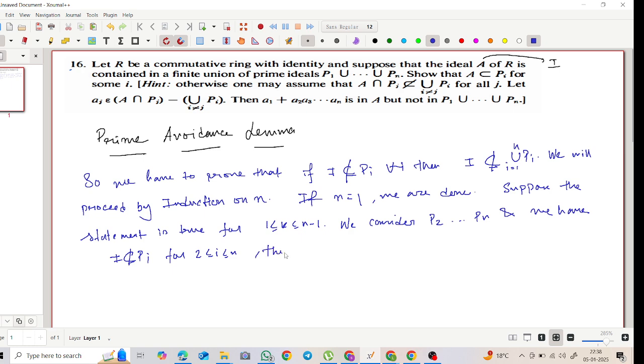So then, by induction hypothesis, I is not inside the union.